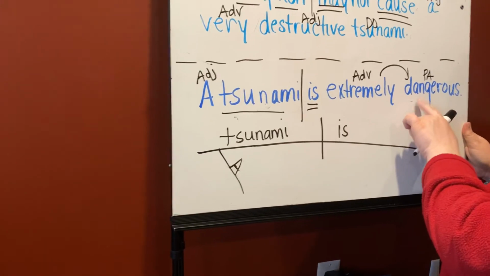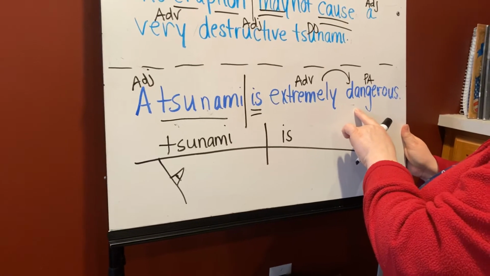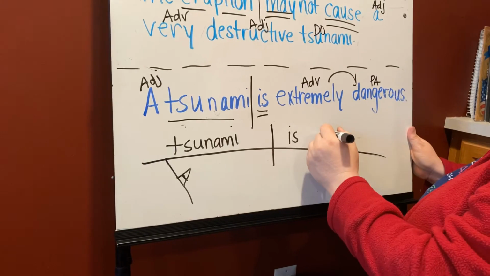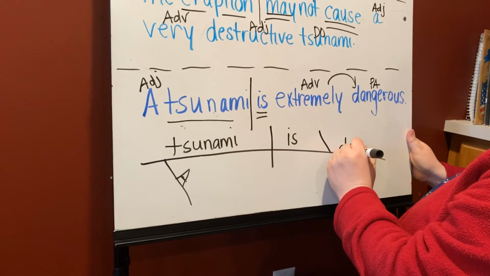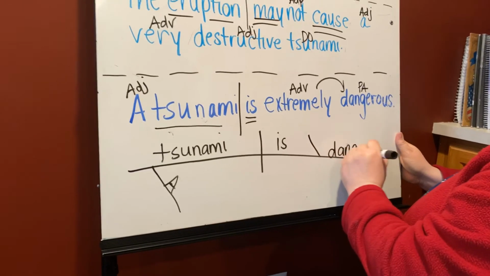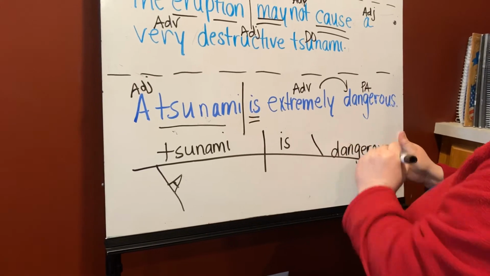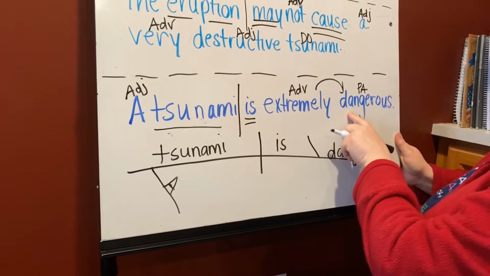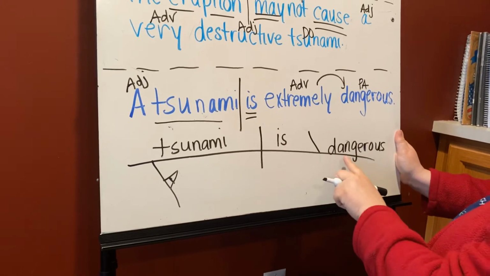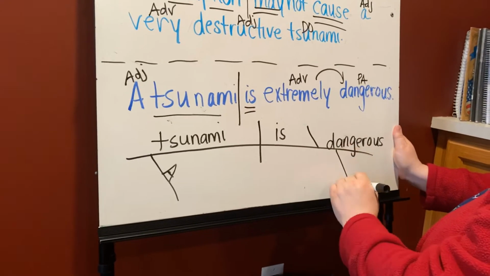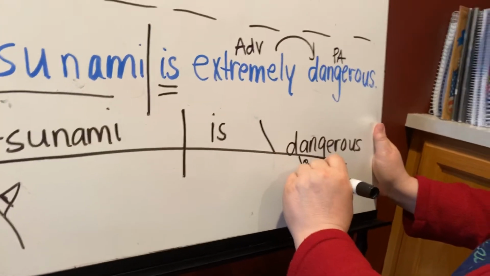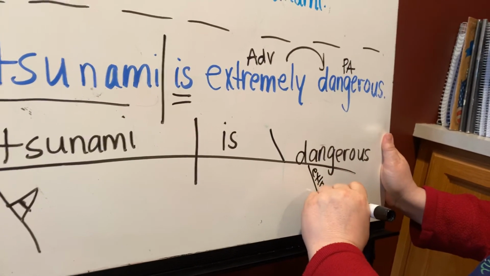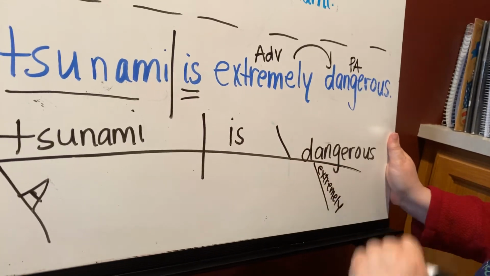Oh, let's diagram our predicate adjective. We've got the slanted line there. Dangerous. Okay, and what describes dangerous? Extremely. So that is going to come right off dangerous because extremely is describing dangerous. Okay, good job.